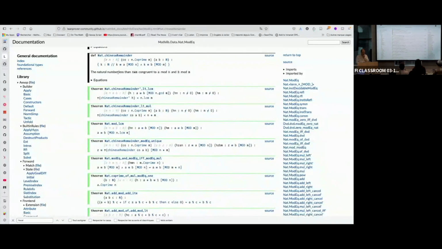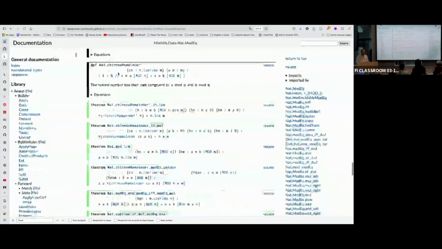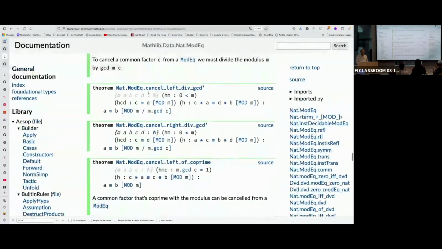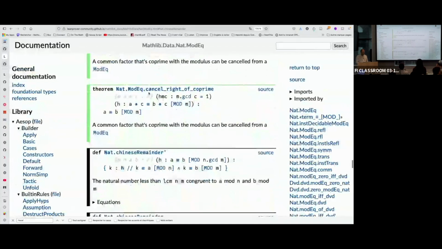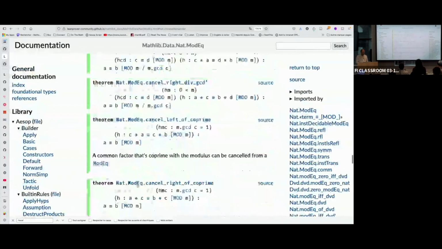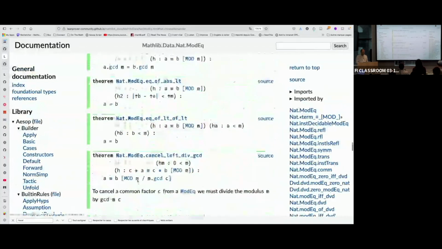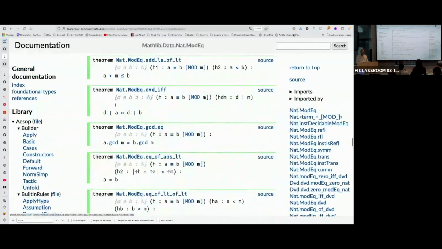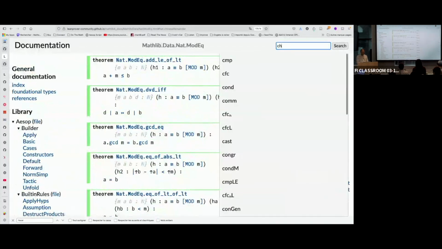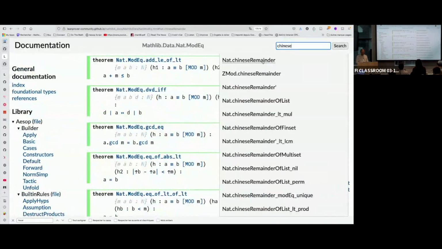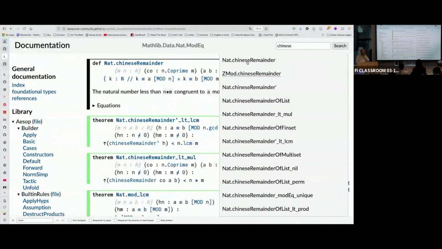So natural number, less, maybe I should, is bigger. So where is it? There was another one at the top. Let's type it again. Okay, now I need to do that.